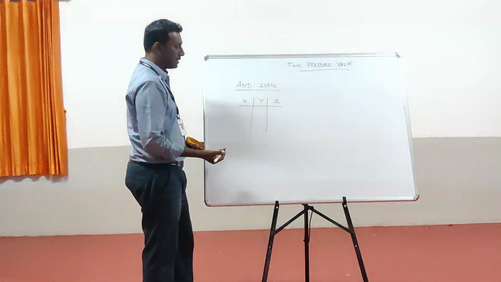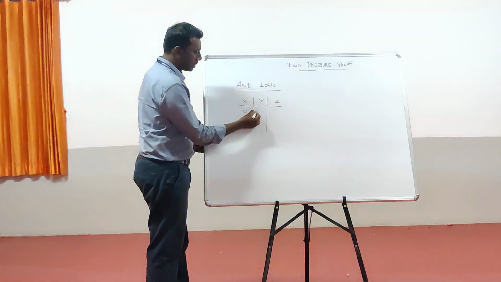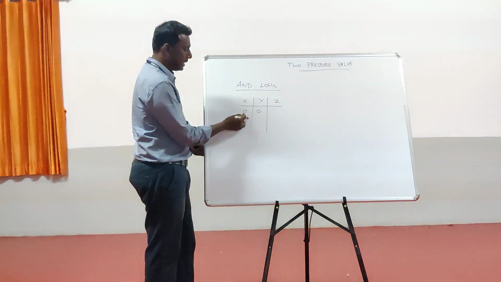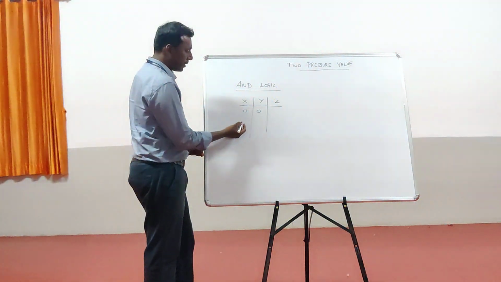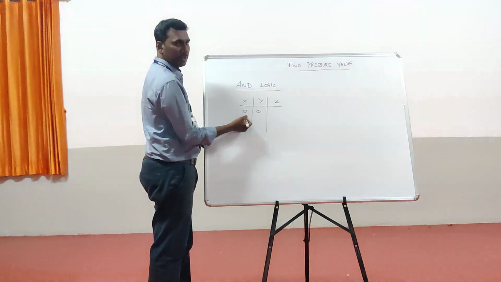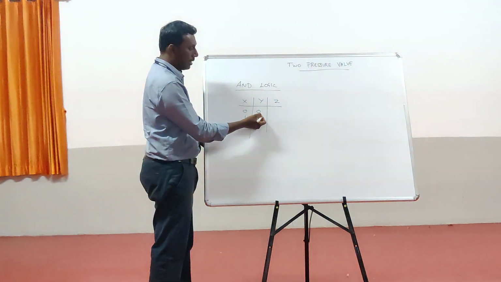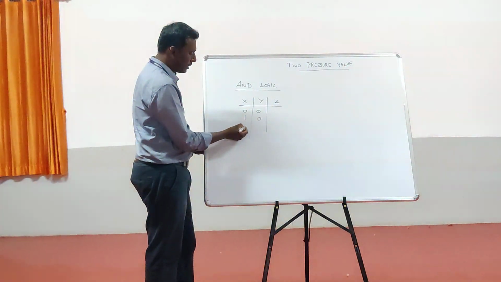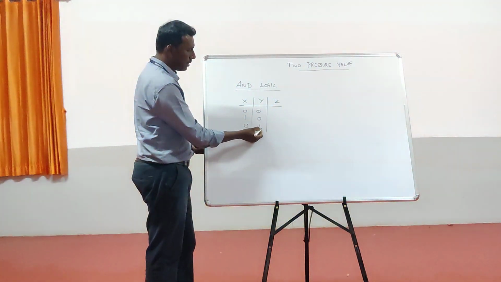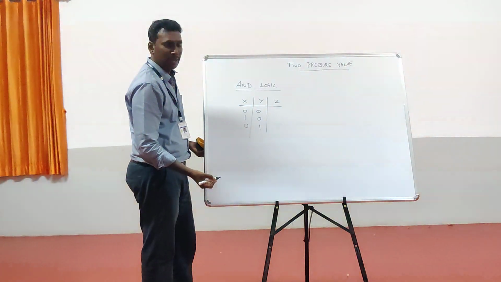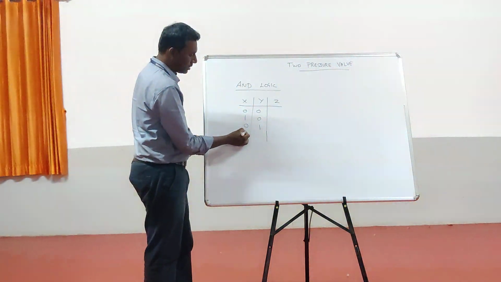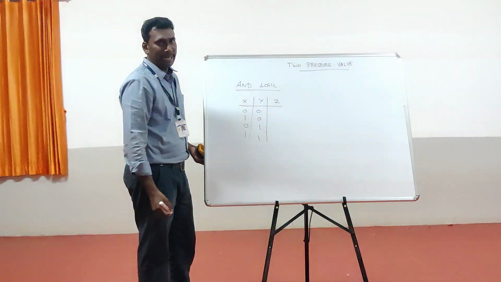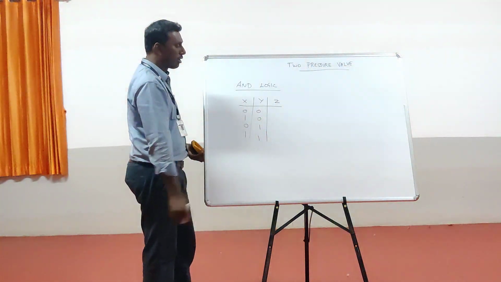Whenever both inputs are disabled, it is indicated as 0 and 0. If input 1 is enabled, it is 1, and input 2 is disabled, it is 0. Another combination is input 1 disabled and input 2 enabled, and the final combination is both inputs enabled. These are the four combinations.